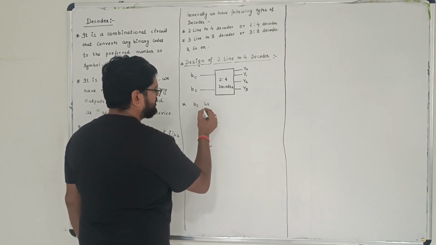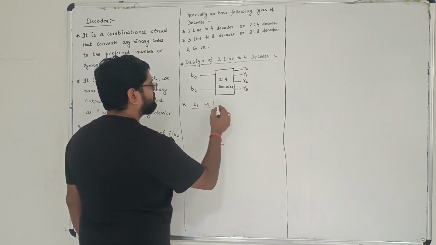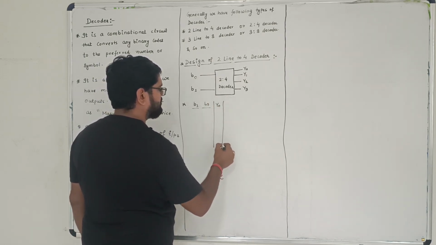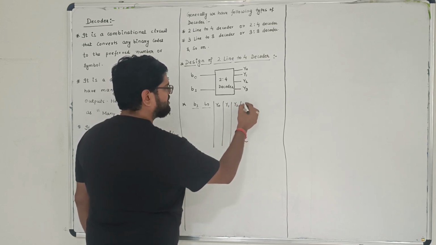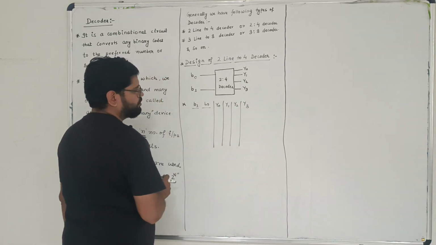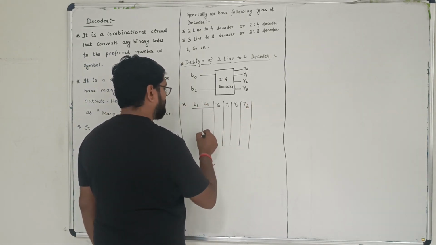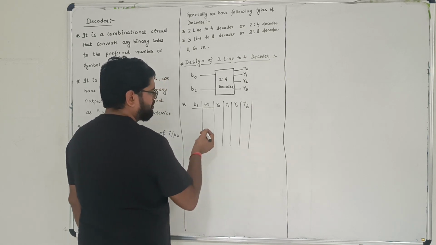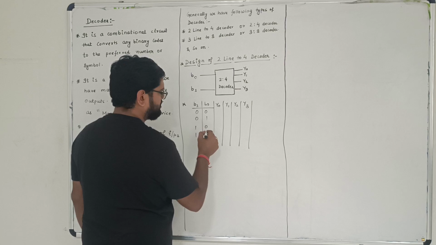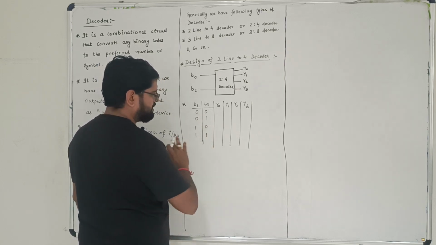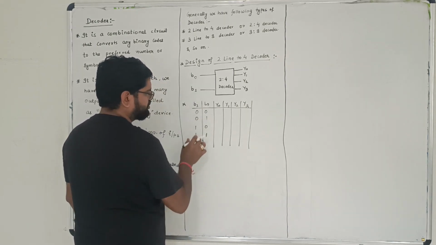So I take B1 and B0 as the 2 inputs and 4 outputs Y0, Y1, Y2 and Y3. With 2 inputs, how many combinations are possible? Tell me in the comment box. 4 combinations are possible: 00, 01, 10, 11. You can also write 00, 01, 10, 11 in that order. Any of these methods can be used to write the combinations of inputs.